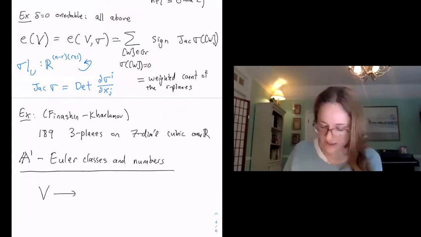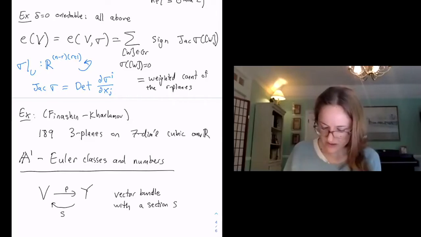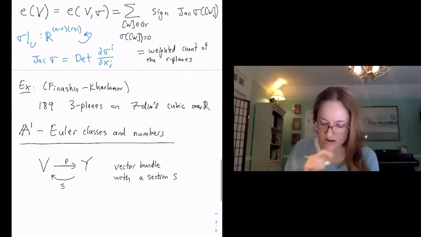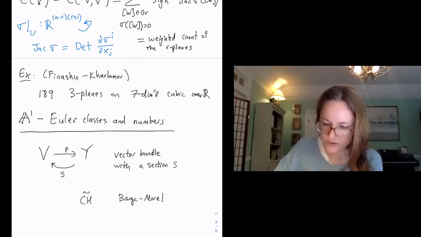So let V over Y be a vector bundle with a section S on a smooth scheme Y. And Barge and Morel defined an Euler class in the oriented Chow of Y twisted by the dual of the determinant.